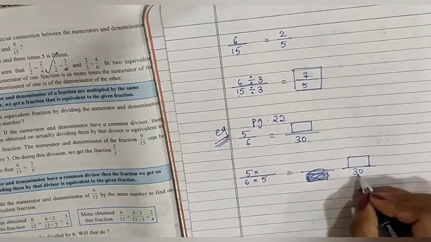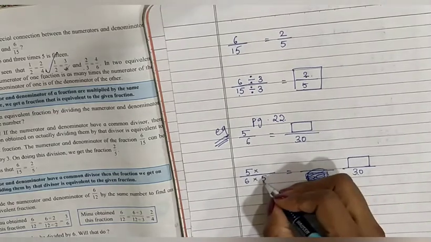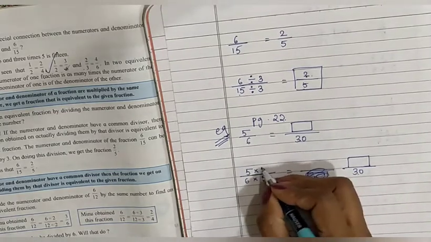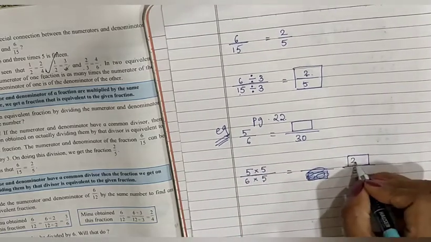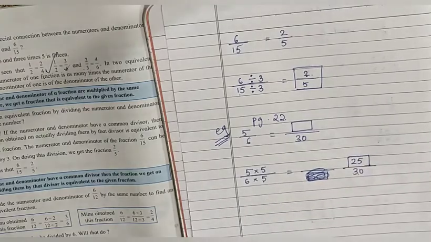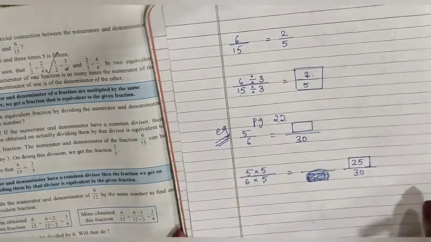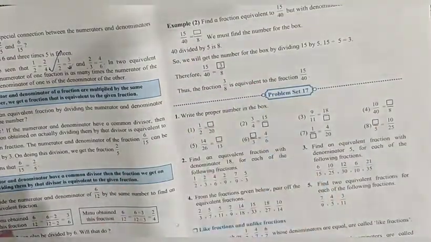So 6 fives are 30. Whatever number you get here, the same number you will multiply up. So 5 fives are 25. Understood?